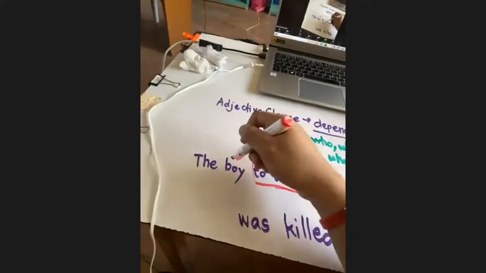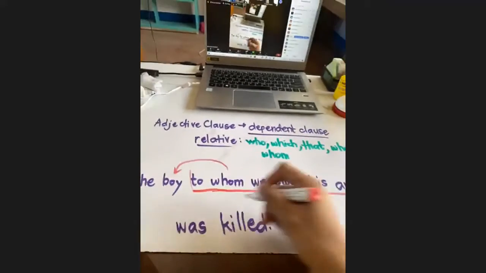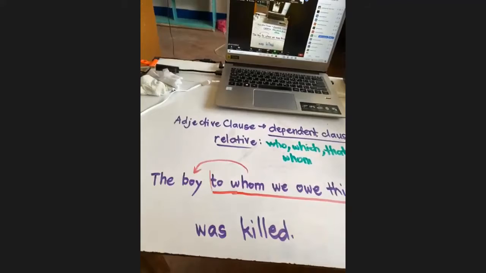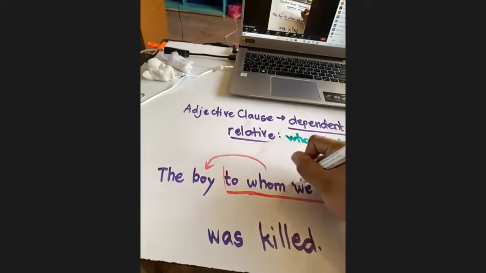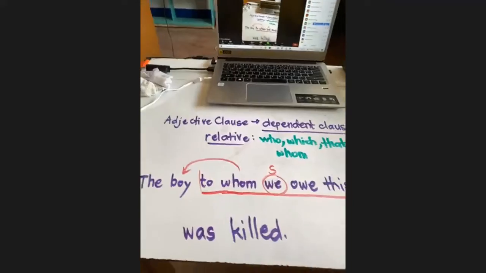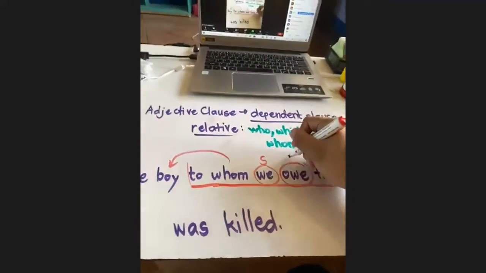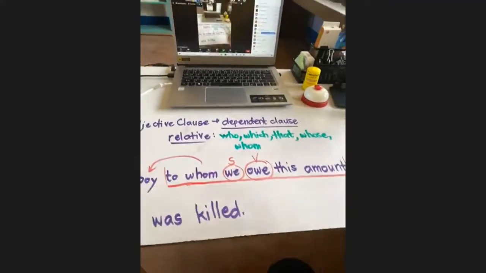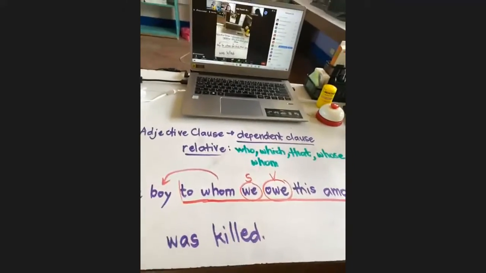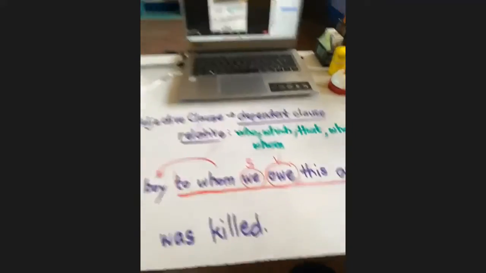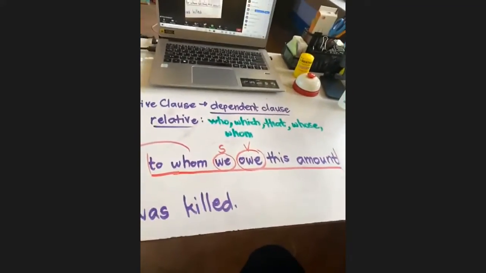Again, modifying boy. Is this a clause? Let's examine. Is it a group of words? Obviously it is. Is there a subject? The word we is there. Is there a verb? The word owe is there. Second requirement is met. Does it contain an incomplete thought? It does. To whom we owe this amount is incomplete.